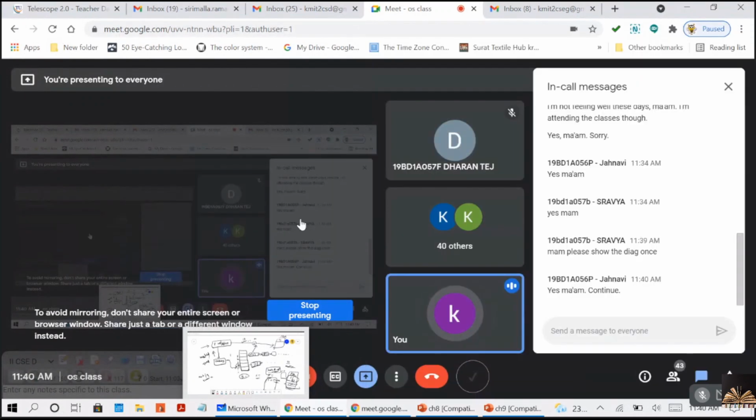Page replacement algorithms కి వెళ్ళిపోనా, లేకపోతే you want me to teach this virtual memory management also?